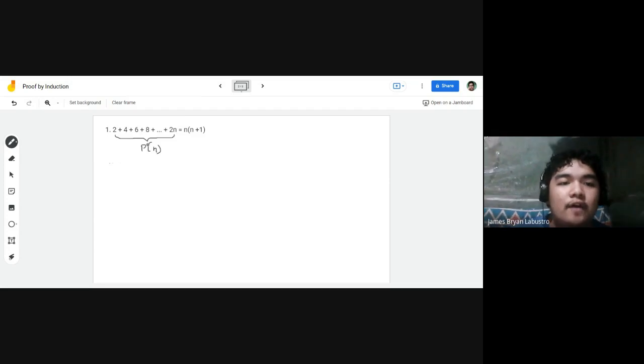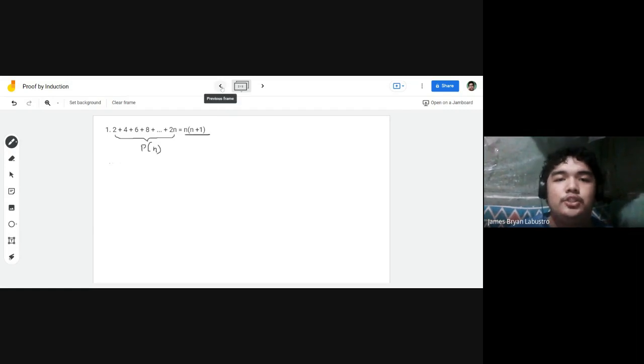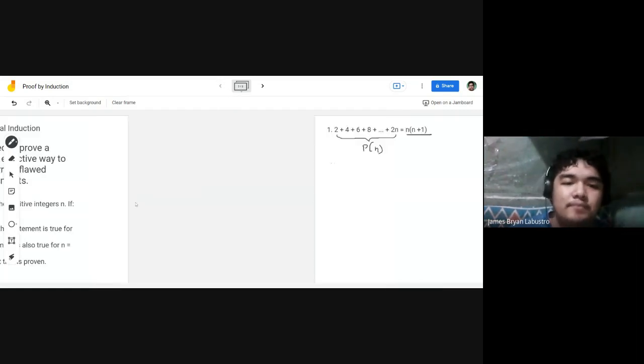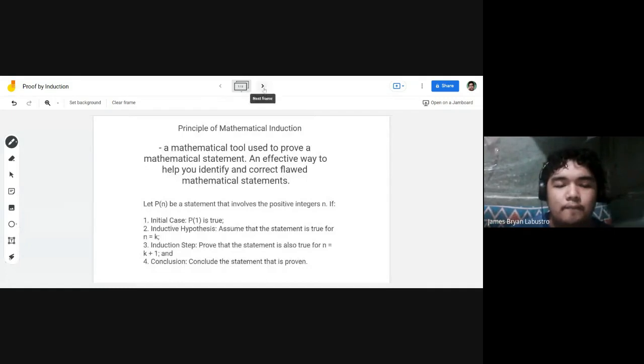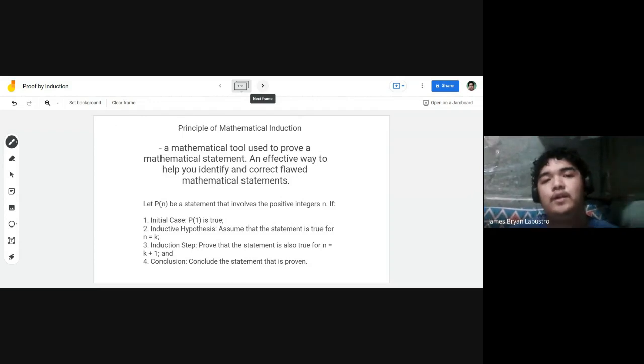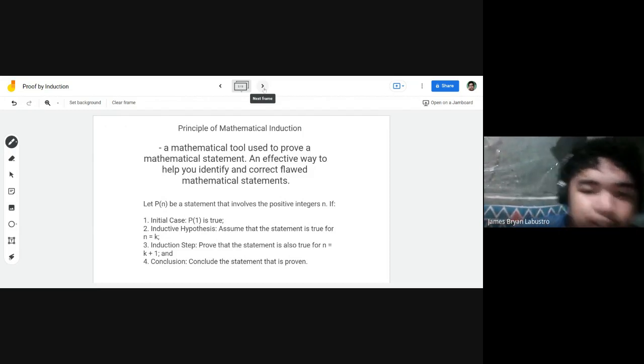Now we have to prove that P of n is equal to this one, so we must use mathematical induction. We have the four primary steps to prove the statements using induction.